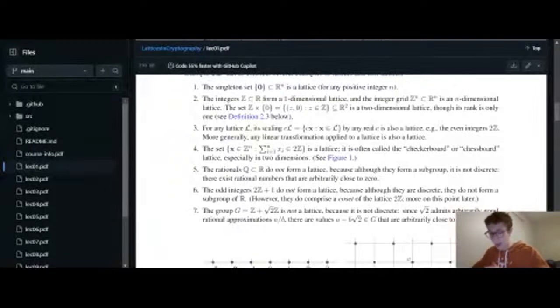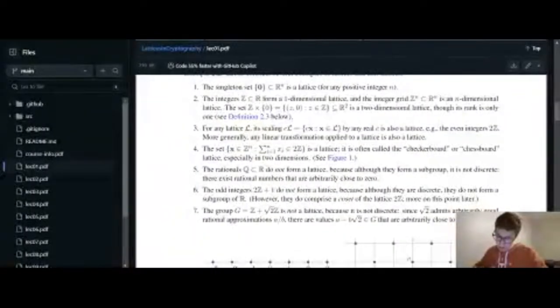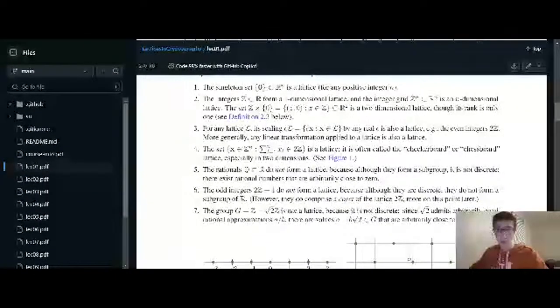So now we just need to test whether it's also discrete. Make sure I get that right. So this makes sense, and then is it discrete? Well, you tell me. The distance is 3. We just proved that.